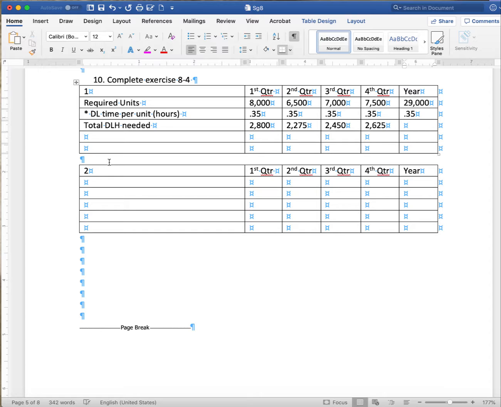2,625. So that means for the year, I'm going to produce 29,000 units at 0.35 hours per unit. I get 10,150. Okay, good. Now we need to factor in the direct labor cost per hour.